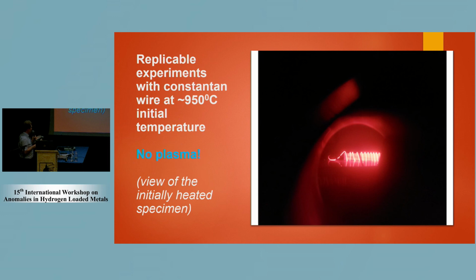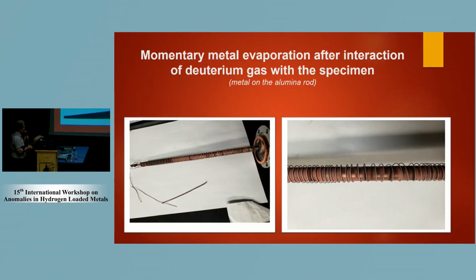Again, the temperature was about 950 degrees C. Now, what happens when the deuterium gas came? Momentary evaporation of the specimen along the alumina rod. And it happened in all performed experiments.